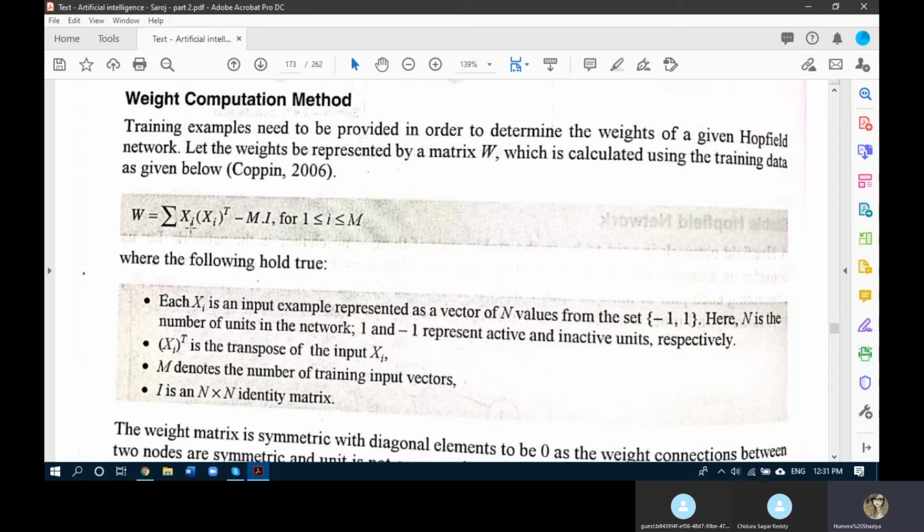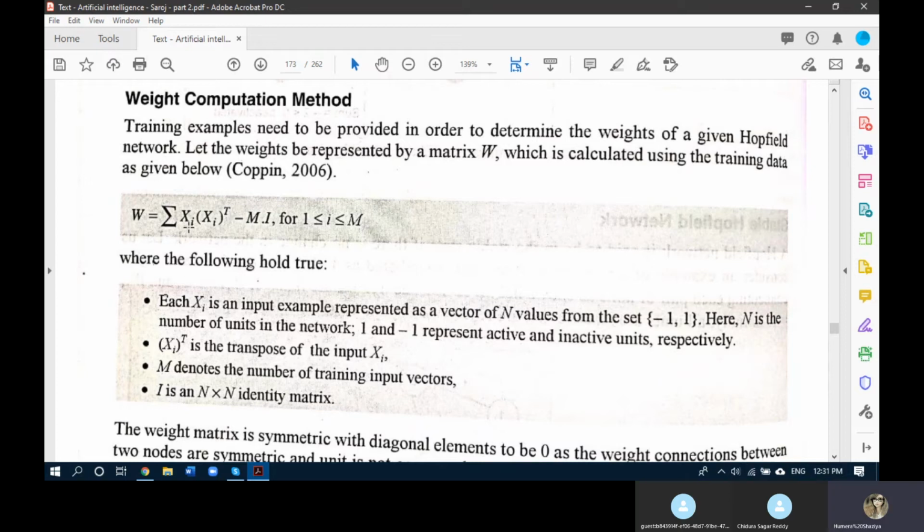Vector means more than one value. This xi is an input sample represented by a vector. That vector is multiplied with its transpose, and minus m. M is the number of training input vectors. How many such xi's exist?